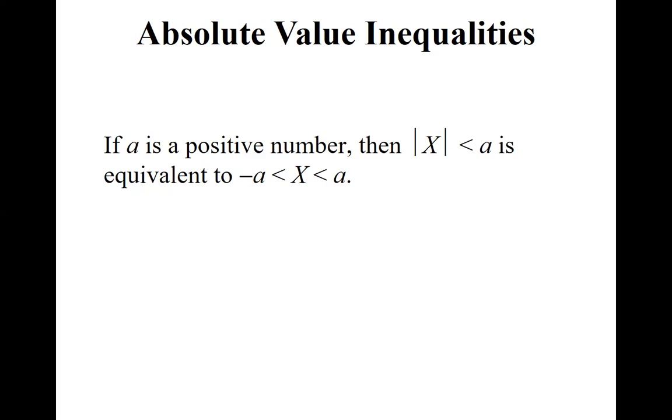The stuff inside the absolute value is between -a and a. In other words, when we have absolute value less than, we drop the absolute value symbol, add another less than on the left, and take the opposite of the number from the right and place that on the left. So instead of just an a on the right, we have another less than and the opposite of a.